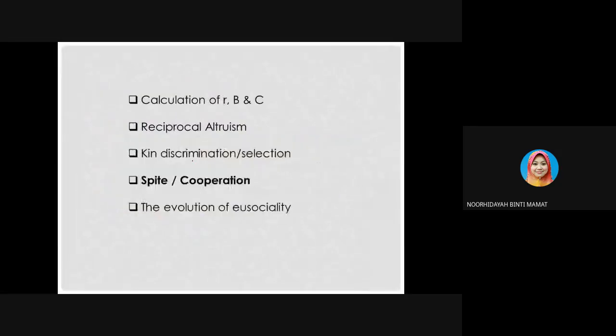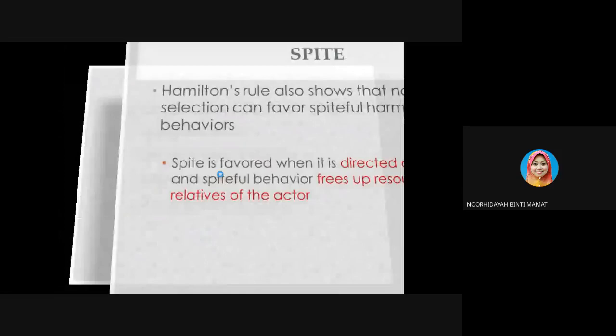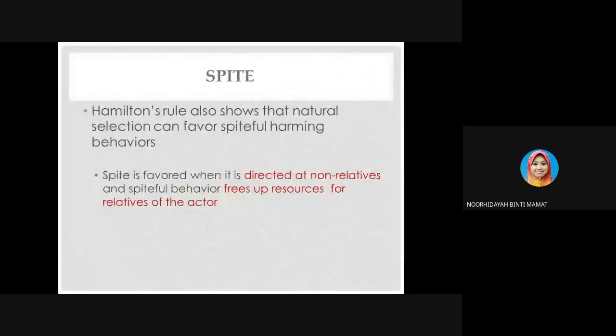So we are already done with kin discrimination and selection. Now we go to spite and cooperation. Spite, in Hamilton's rule, also shows that natural selection can favor spiteful harming behavior.